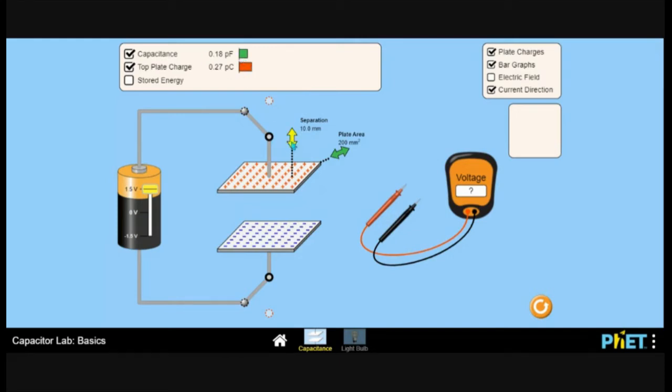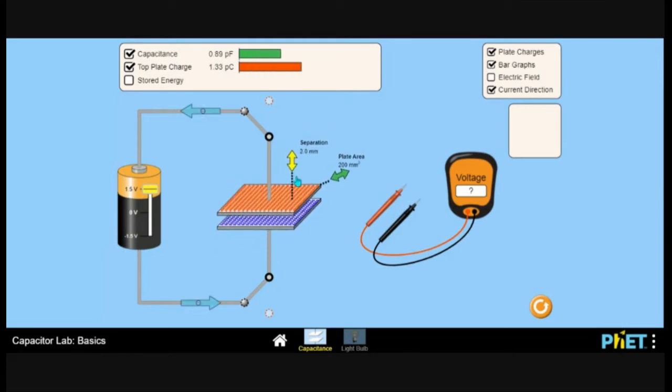And if we increase the distance of the plates, the charge also decreases. But if we decrease the distance of the plates, the charge is also increasing.